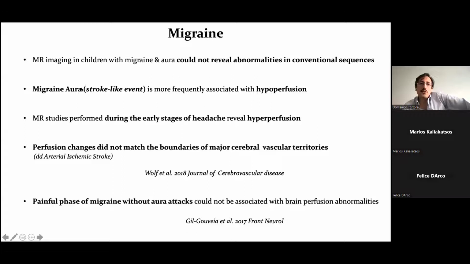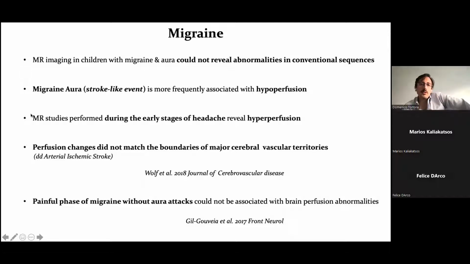It's important to know that in some cases, patients with migraine and aura did not show any abnormalities on conventional sequences. The presence of aura, in particular when the patient shows a stroke-like event, is more frequently associated with the hypoperfusion, while the onset of headache is more frequently associated with the hyperperfusion.